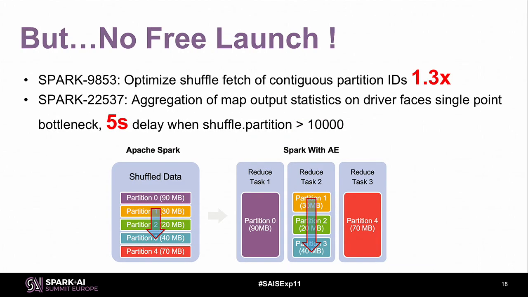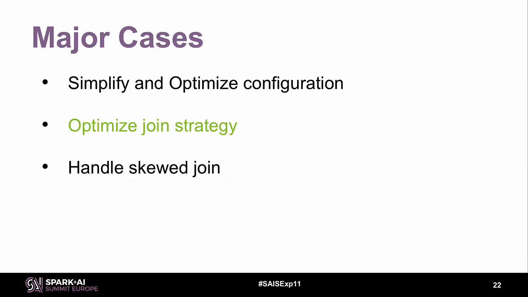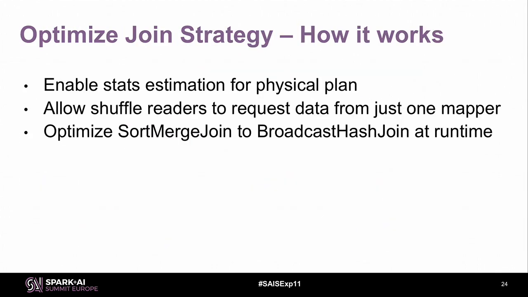And of these two features, the second one has been merged, but the previous one is still in review. And actually we have more features about adaptive execution. For example, all these drillers are not submitted to the community yet. And our friend from Intel will do another deep dive about adaptive execution. If you are interested, you can check their session also.